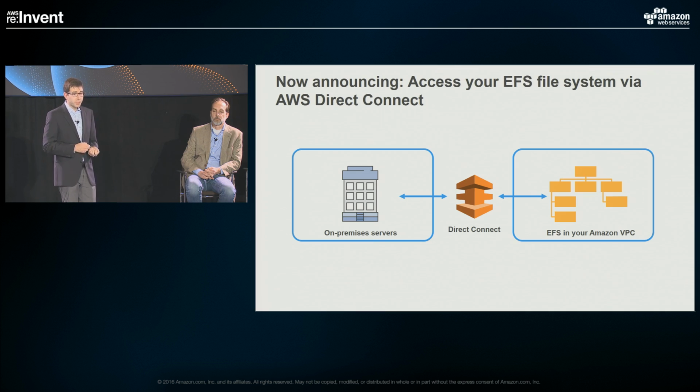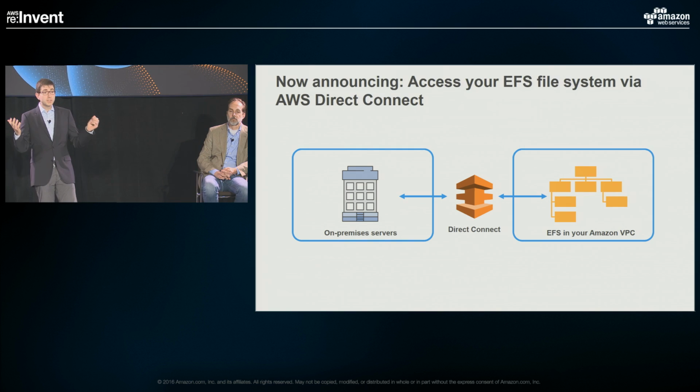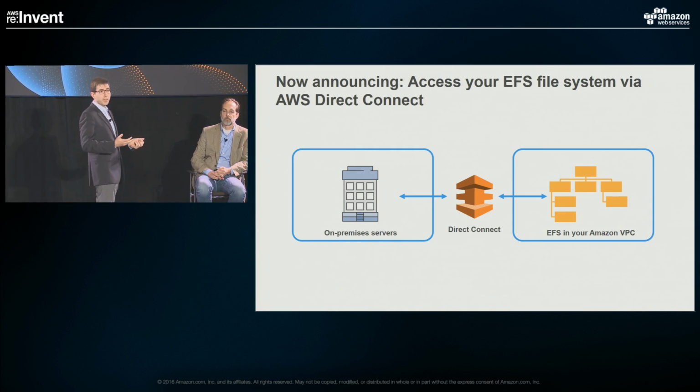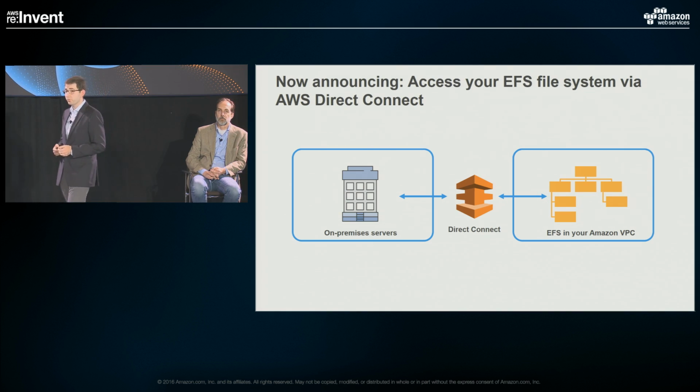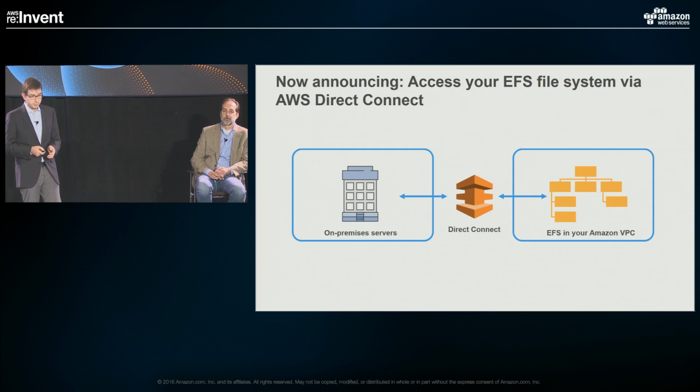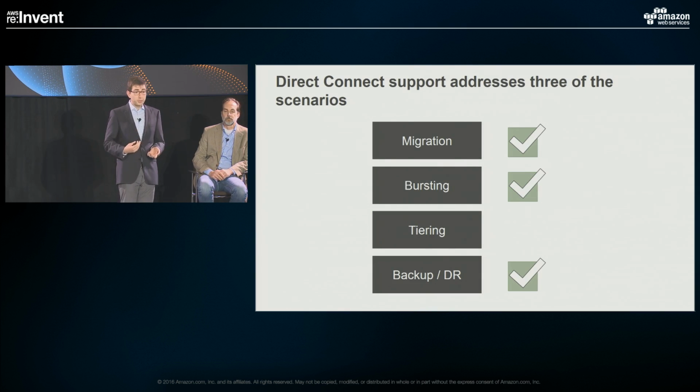So with this feature that we're announcing today, you can mount your file system from an on-prem server using the same NFS 4.1 mount command you'd use from EC2 instances, and you'll be able to access your data just like you would from EC2. In terms of the scenarios that I talked about, this supports the migration, the bursting, and the backup and DR scenarios.